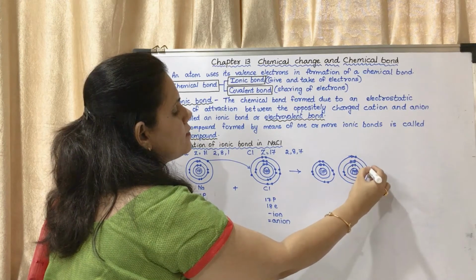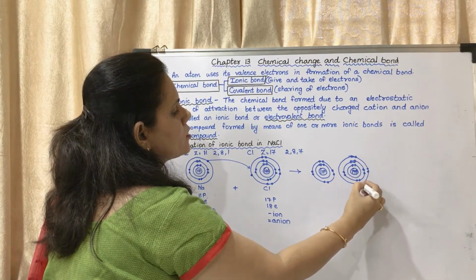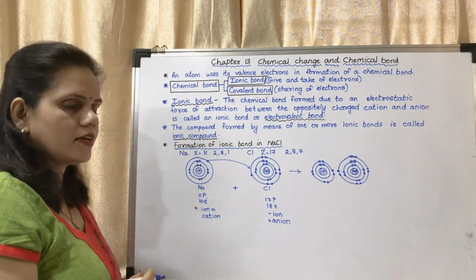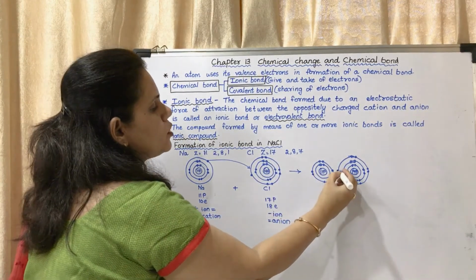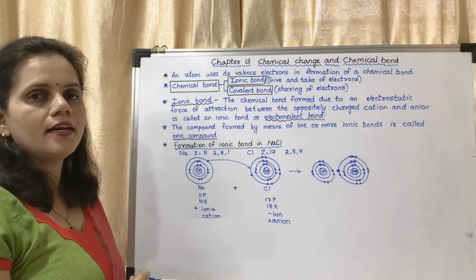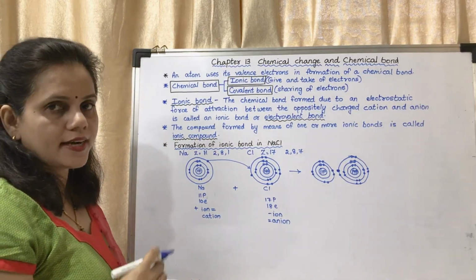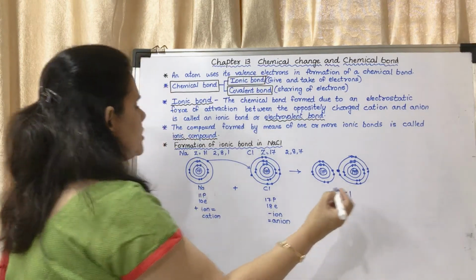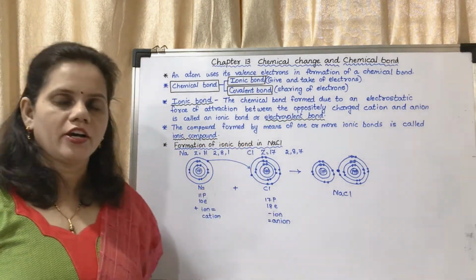This is sodium chloride. This has been shown with another color in the textbook, that is red color. So this is about formation of ionic bond.